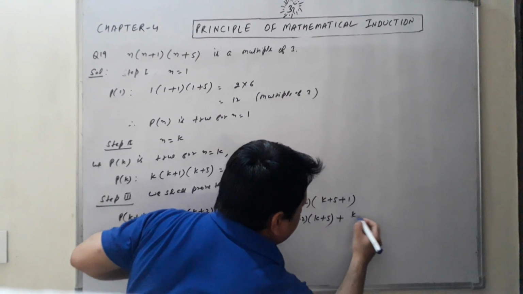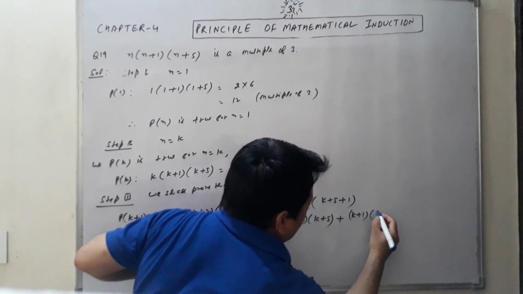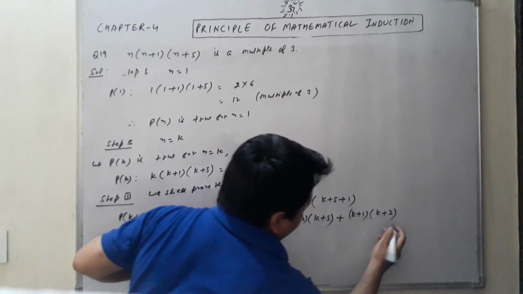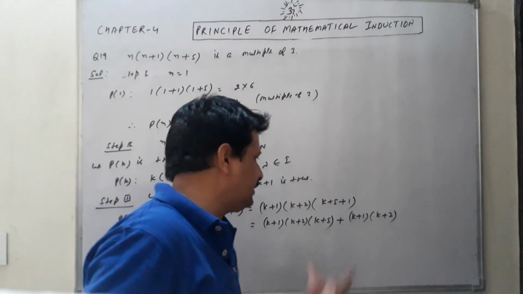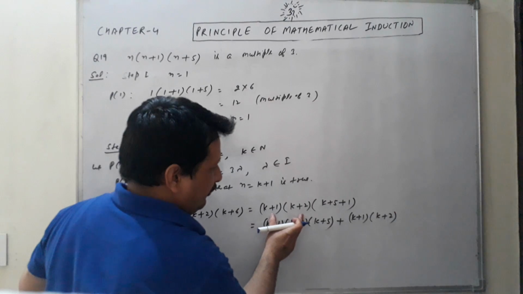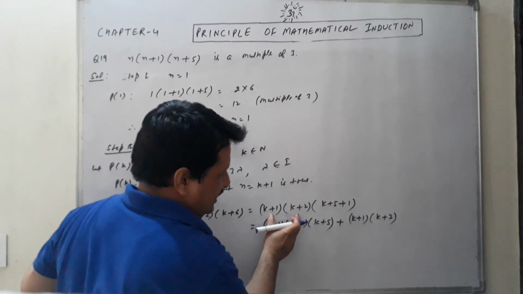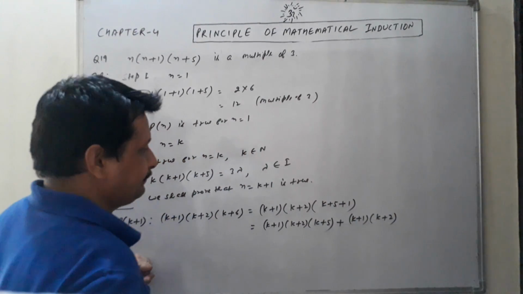Plus k plus 1 into k plus 2. This is very important to understand here. We will break it students. We will multiply these two factors with k plus 1, then again these two factors with the 1 here.